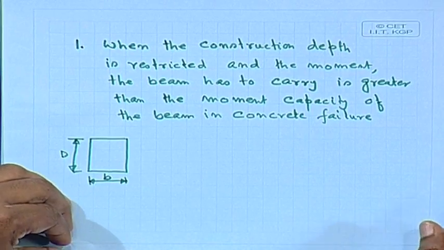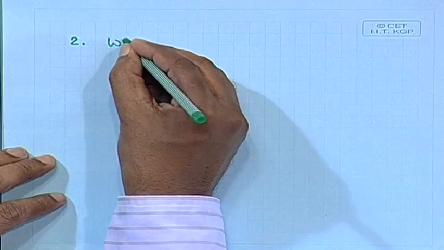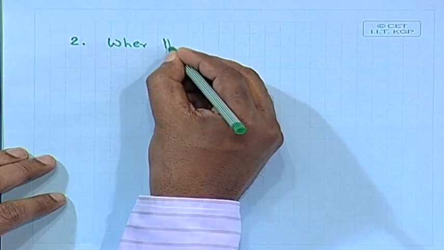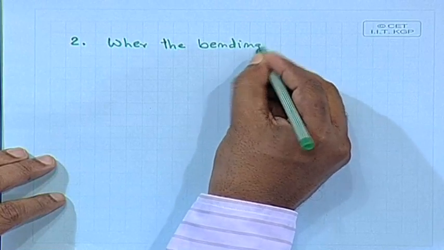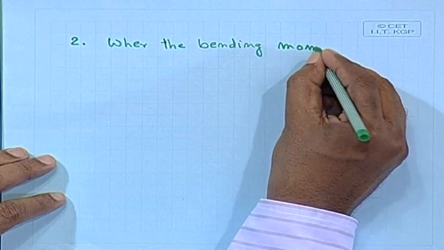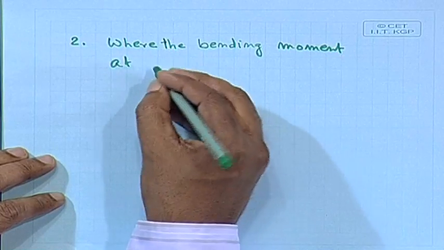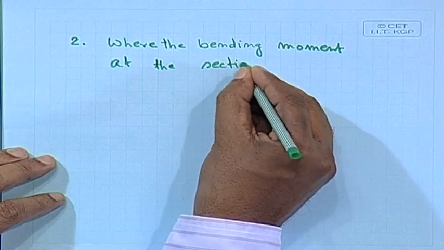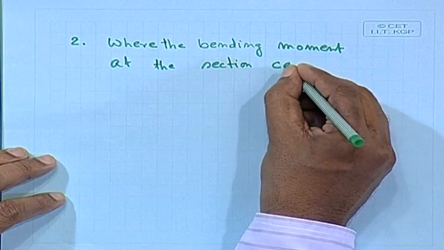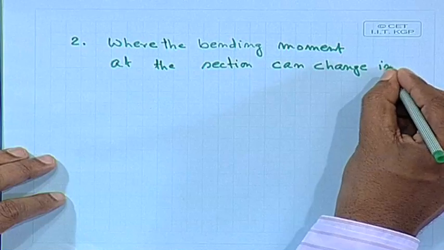The other one we can take, let us say number 2, where the bending moment at the section can change in sign.